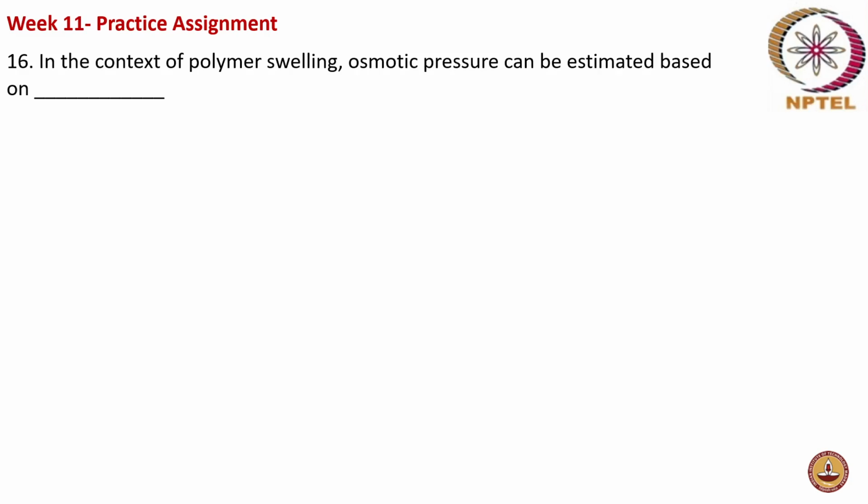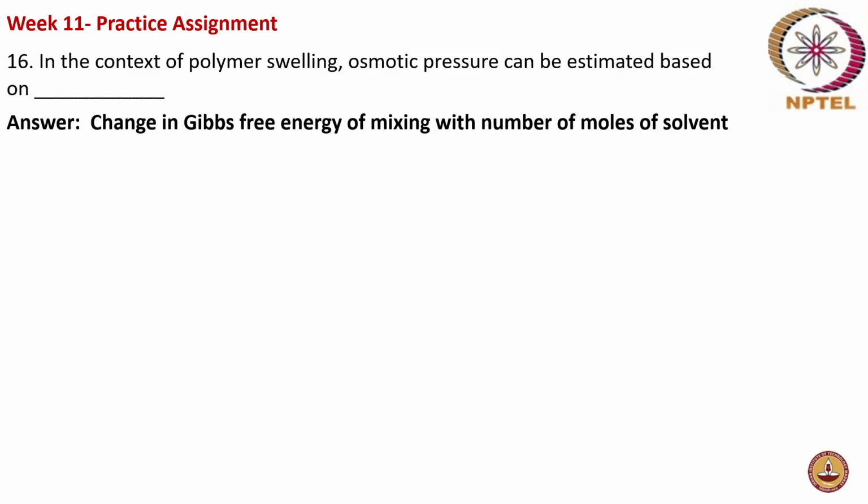Next. In the context of polymer swelling, osmotic pressure can be estimated based on what? How can we estimate the osmotic pressure in polymer swelling? So here, osmotic pressure can be measured based on the change in Gibbs free energy of mixing with number of moles of solvent.